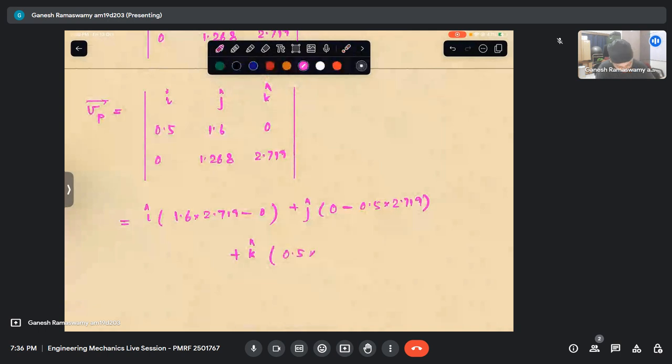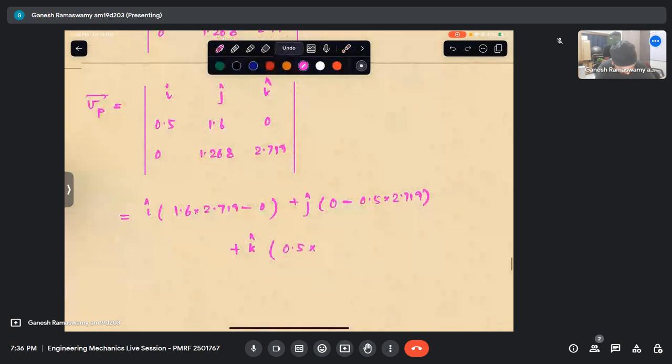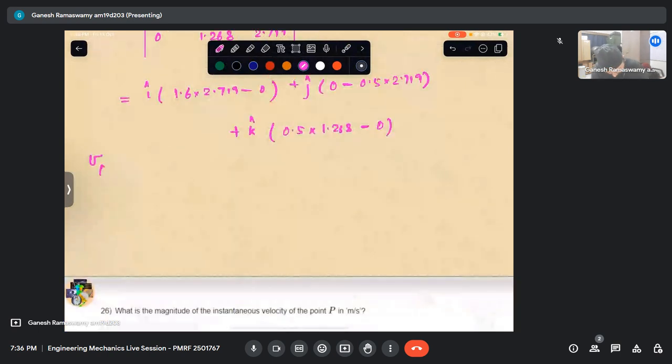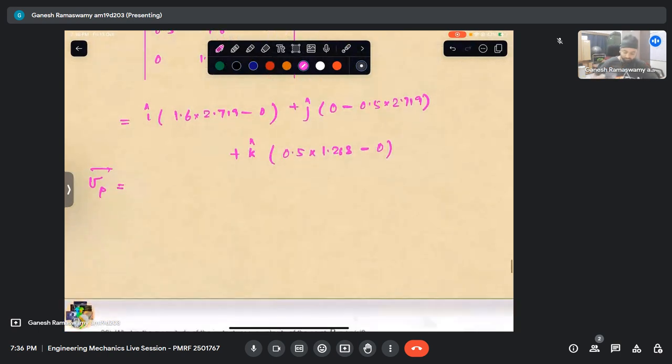So velocity of P, let me calculate this, 1.6 into 2.719 comes out to be 4.355 i.